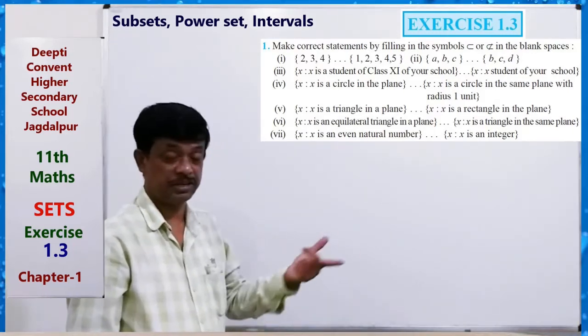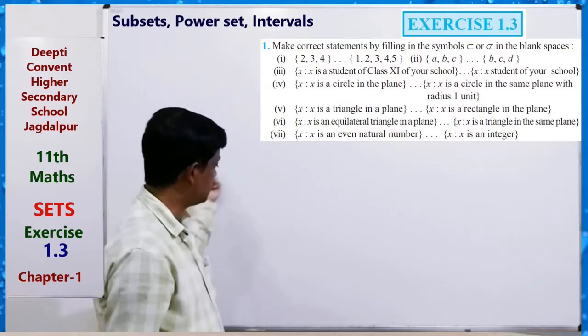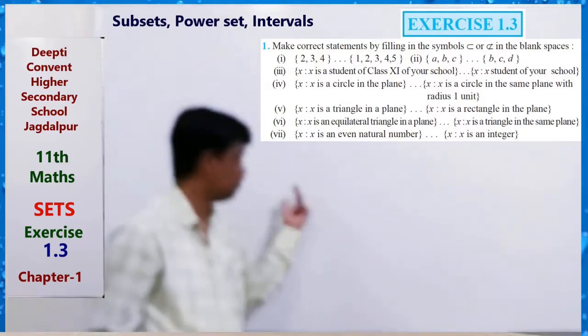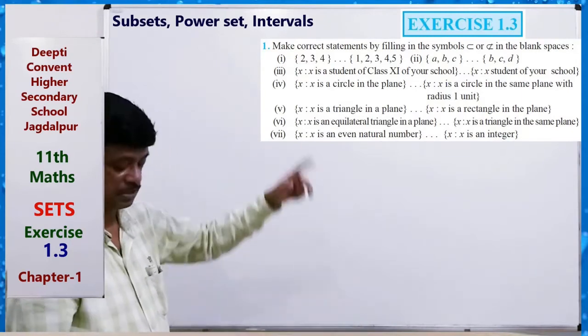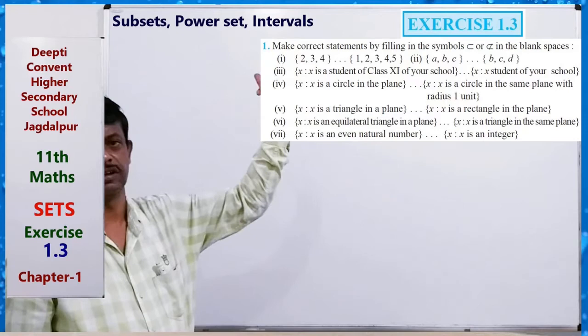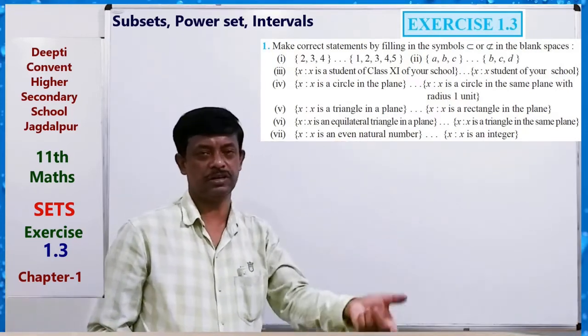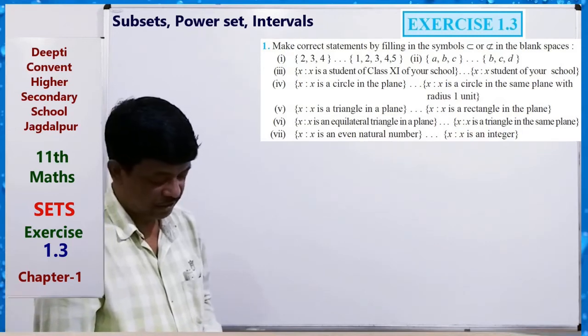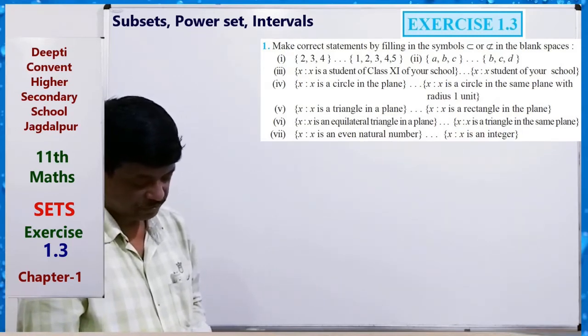Restricted. So on this side all circles, here circles with radius 1 unit. So not subset, because there are all circles versus restricted circles with radius 1.